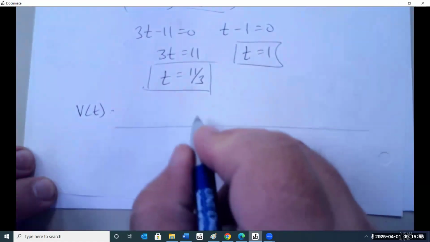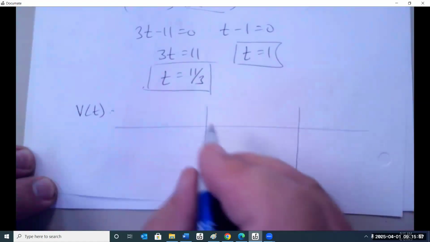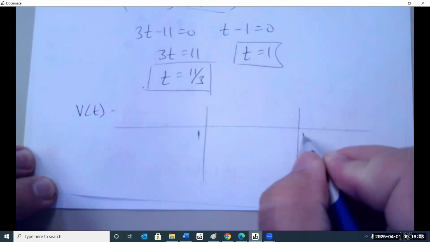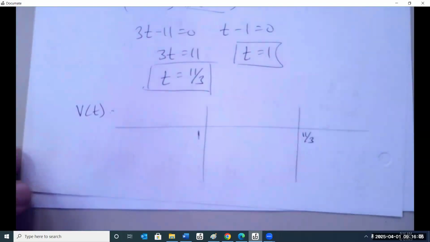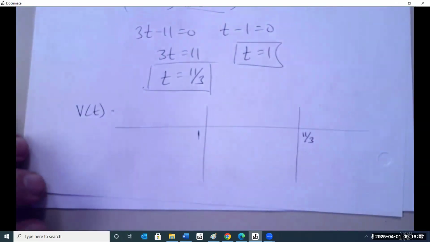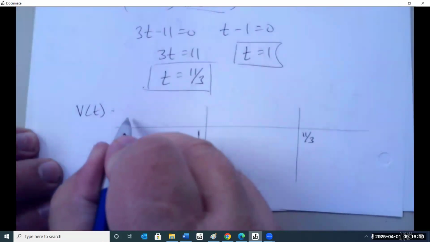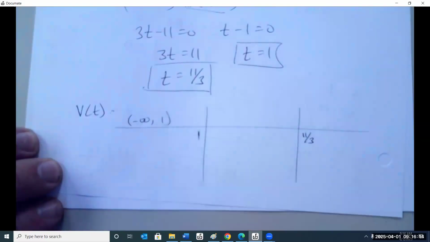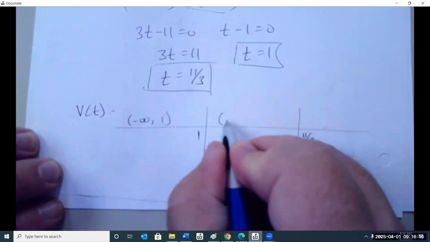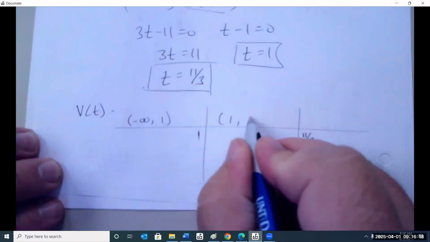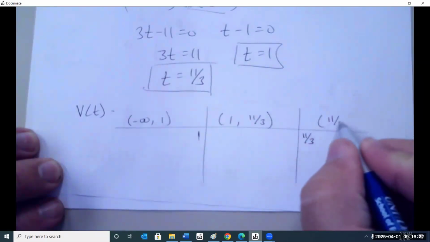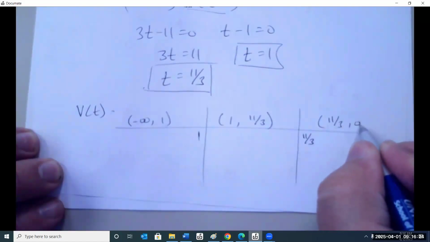So my intervals. This is 1. This is 11 over 3. My intervals are from negative infinity to 1, from 1 to 11 thirds, and then 11 thirds to infinity.